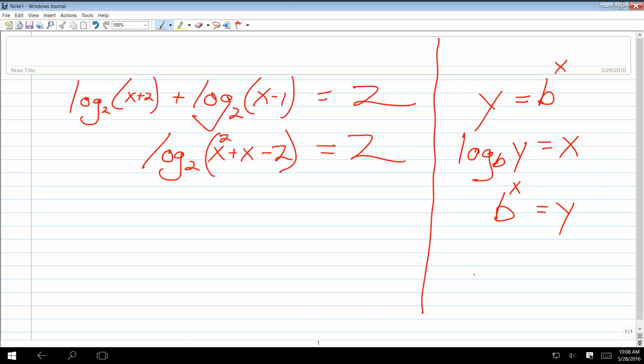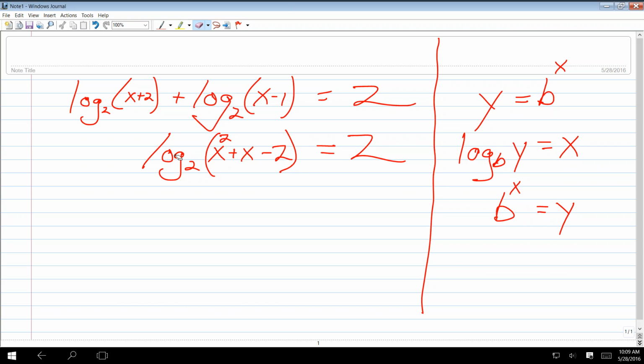There's only one problem with that pattern, and that is if I switch it up like this, then it's no longer the number on the far left. In other words, it's the base to the exponent equals the argument. The base to the exponent equals the argument. And the exponent is x. In this case, yeah.